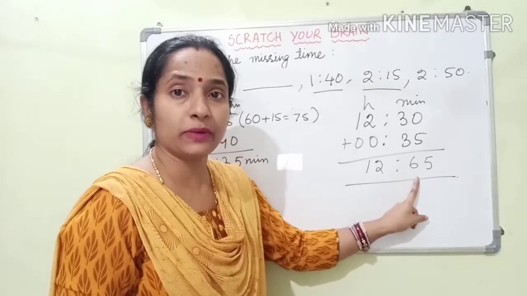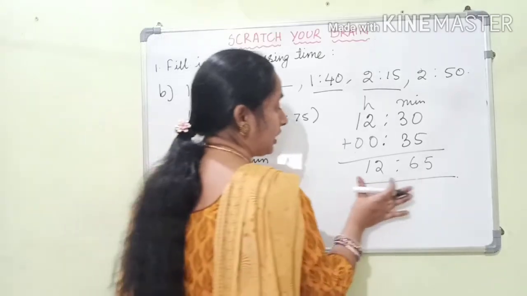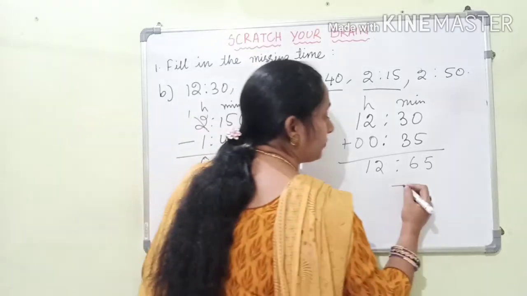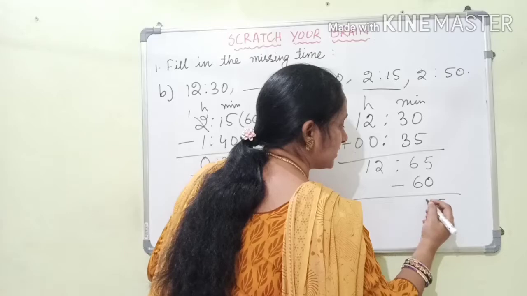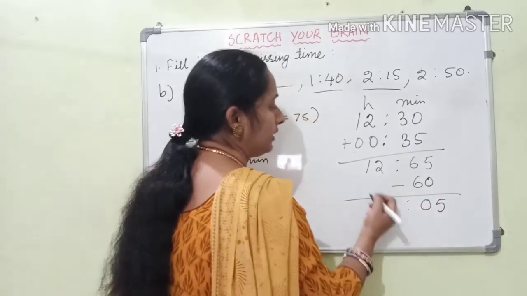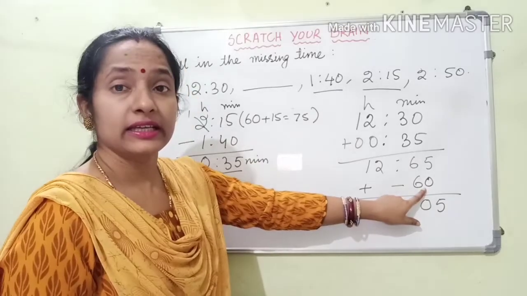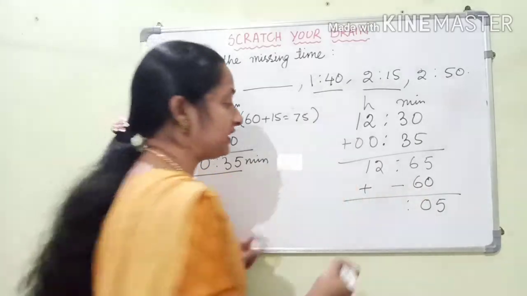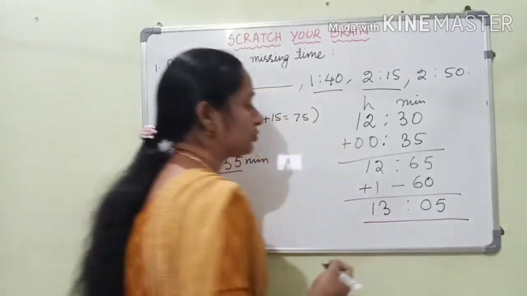Here in our minutes place we have more than 60, 65. So from here I can subtract 60. Now 65 minus 60 is 5, and as 1 hour is subtracted here, we send 1 as carry to this part, and we get 12 plus 1, 13.